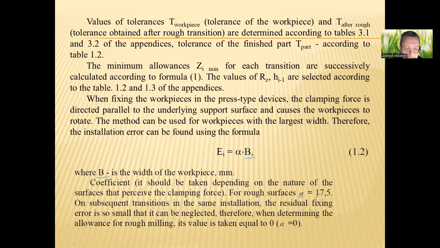On subsequent transitions in the same installation, the residual fixing error is so small that it can be neglected. Therefore, when determining the allowance for finish milling, its value is taken equal to 0. So alpha will be equal to 0 for finish milling.